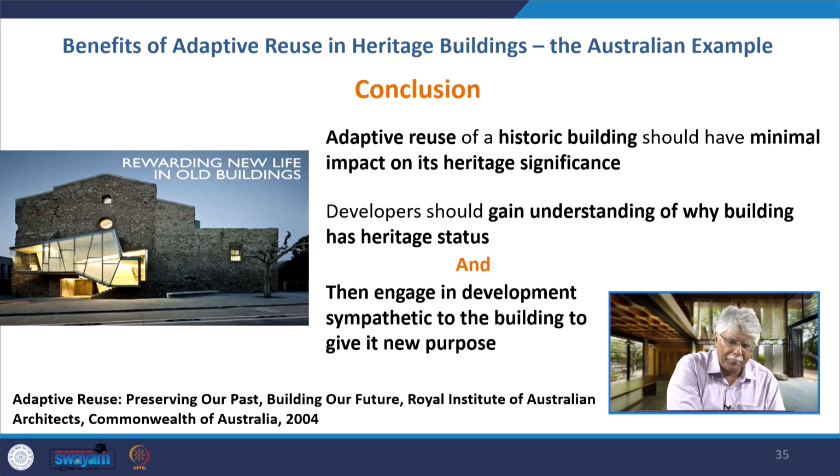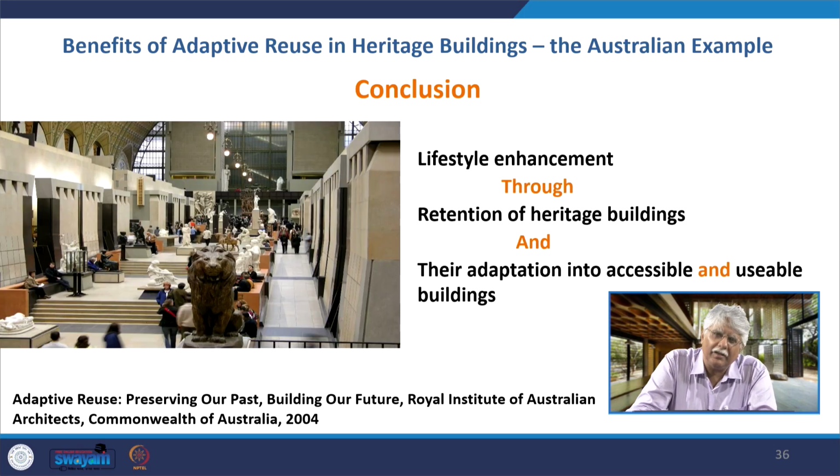In conclusion, adaptive reuse of a historical building should have minimal impact on its heritage significance. Developers should gain understanding of why the building has heritage status and then engage in development which is sympathetic to the building to give it a new purpose. Life cycle enhancement takes place through the retention of heritage buildings and their adaptation into accessible and usable buildings.